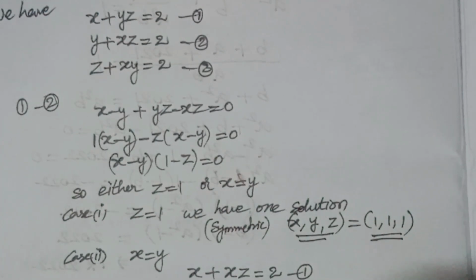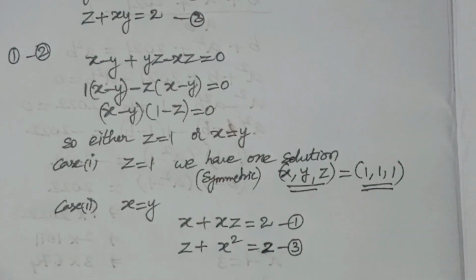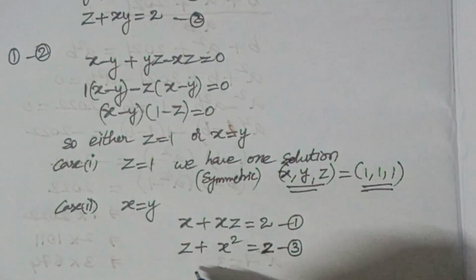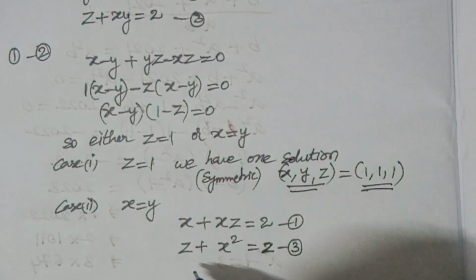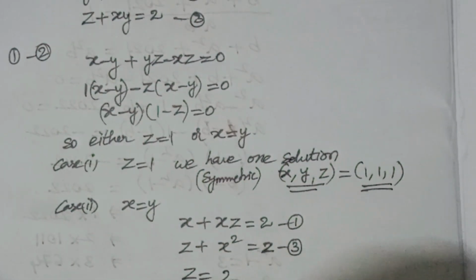So from the third equation, z is equal to 2 minus x square.